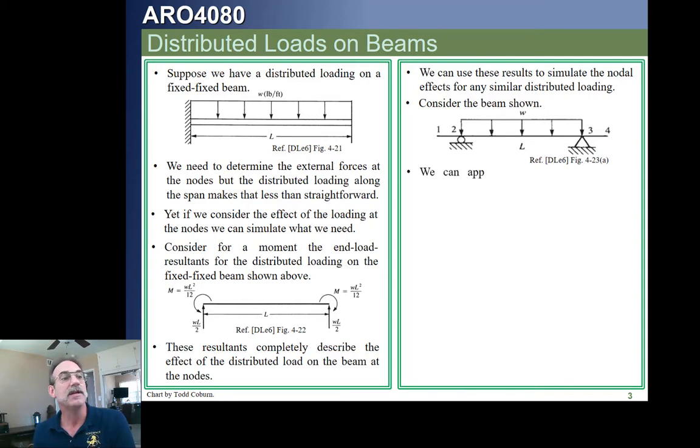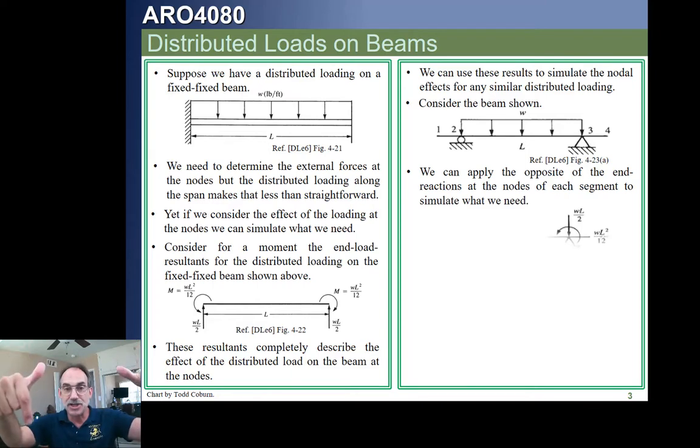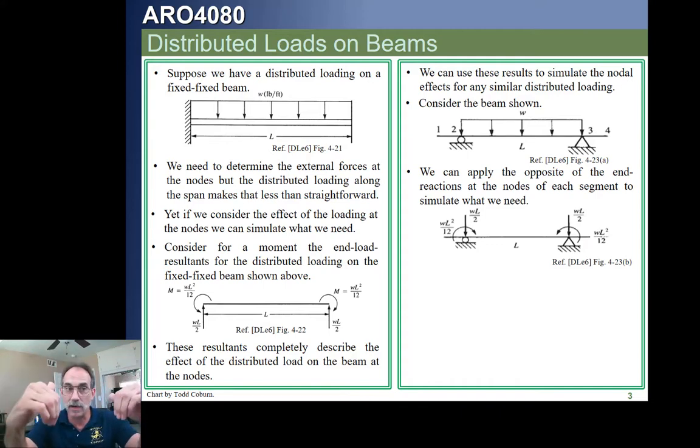We note that at the two ends of that beam, we would then apply an applied shear at each end, WL over 2, and an applied moment. You'll notice it's going in the same direction as equivalent moment at those two endpoint nodes. That will simulate the effect of that distributed load on the beam at that node.